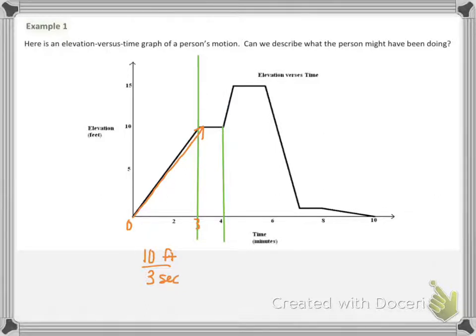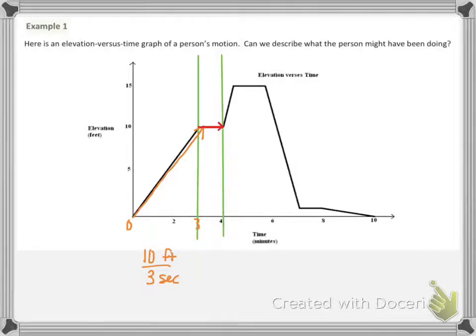Yeah, probably 4 seconds there. So from 3 seconds to 4 seconds, that's another time interval. And during that time interval, there's no change in elevation. So we get this flat line because elevation isn't changing.